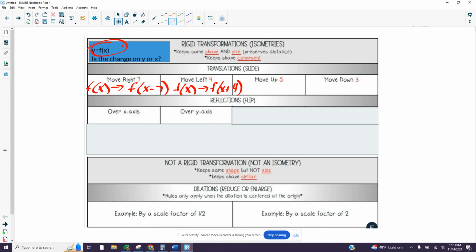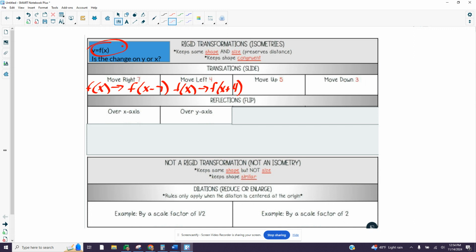So left and right is the only two that are just the opposite numbers. Now, why does that happen? Well, if you take a look at Desmos, you take a look at a graph, and you put in these numbers, you will see that the whole graph is sliding over. So your ordered pairs are just moving down the line, but you are adding to the x value and subtracting from the x value when you move them.